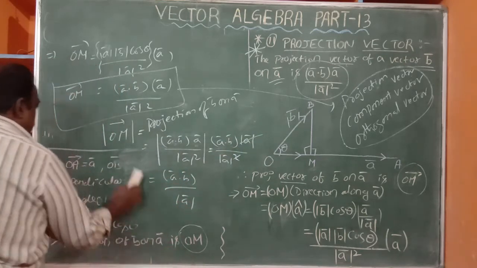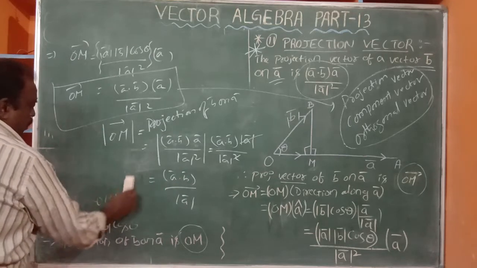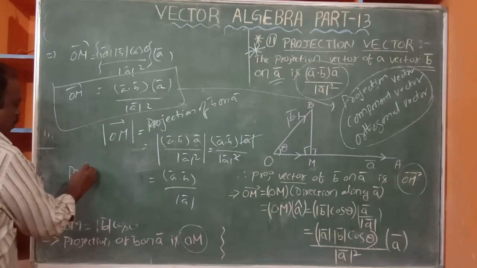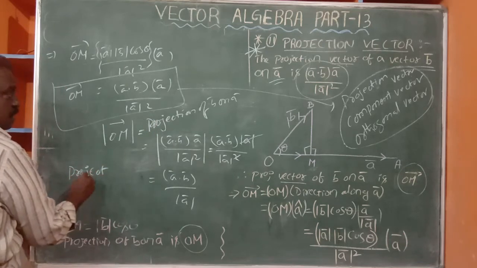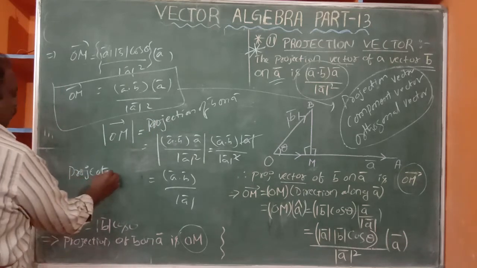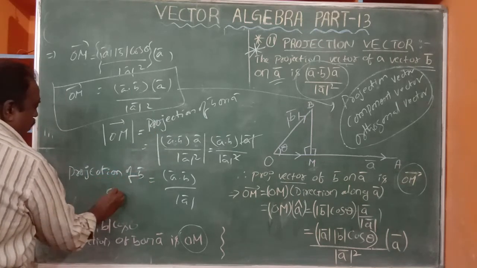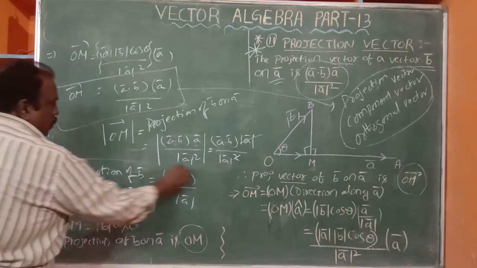That is the projection. This is simply projection, not a projection vector. Projection vector is a vector. Simple projection. It is projection of B bar on A bar.